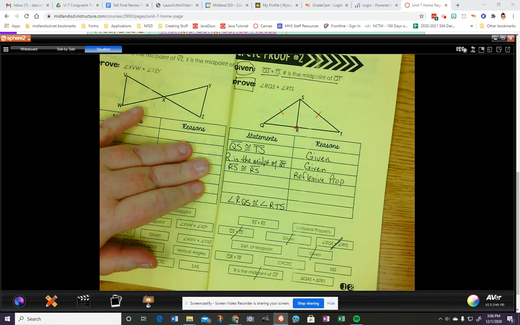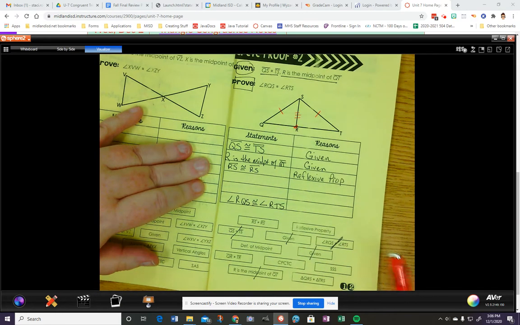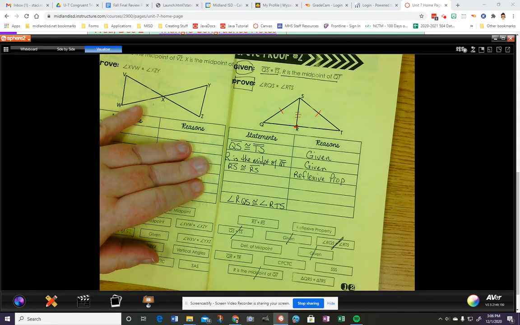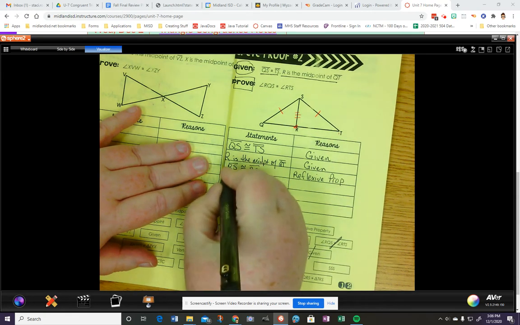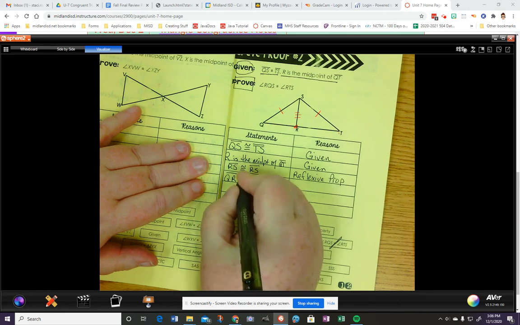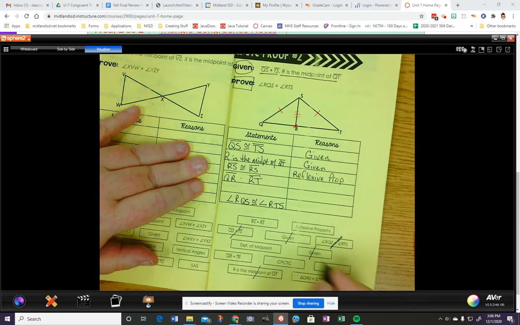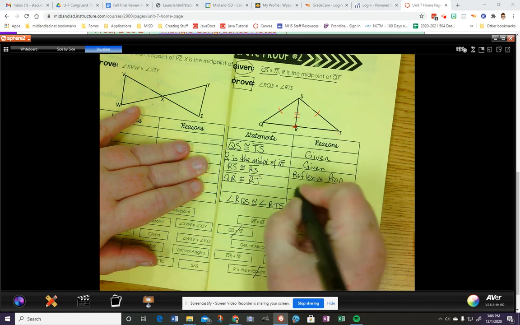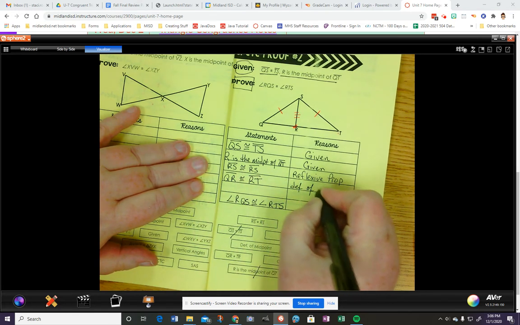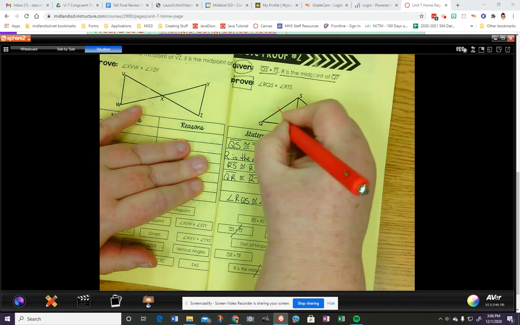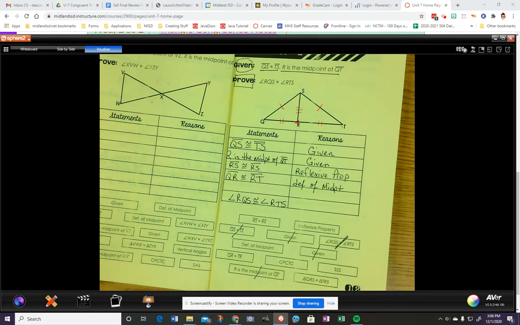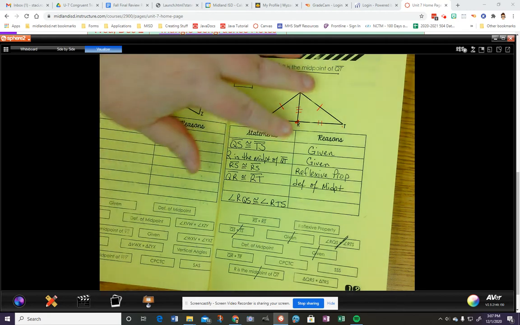So we can say 3. And we said R is the midpoint. So what does that tell us about QR and RT? QR and RT are congruent, by definition of midpoint. So this one has 2, this one has 2.